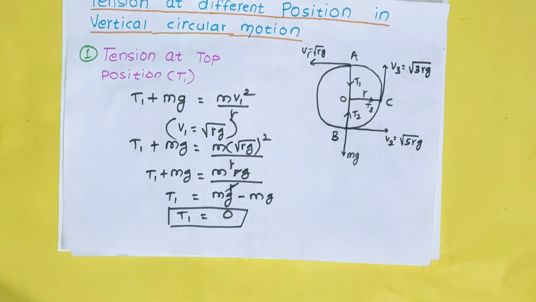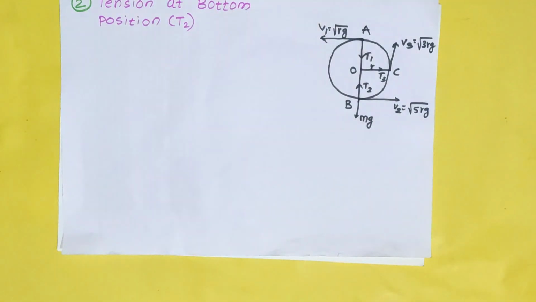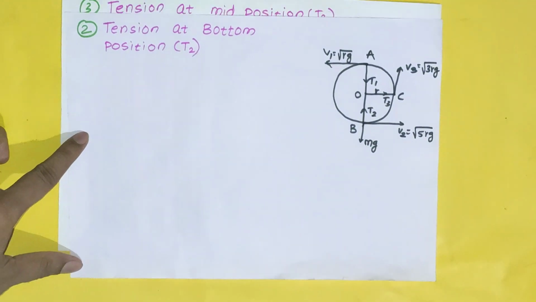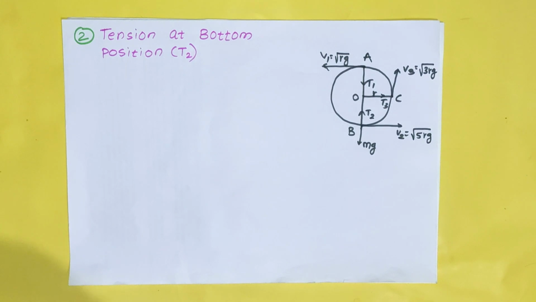So now we have to find the tension at the bottom position. To find it, we should understand that the particle is performing vertical circular motion. The tension at top position is 0.